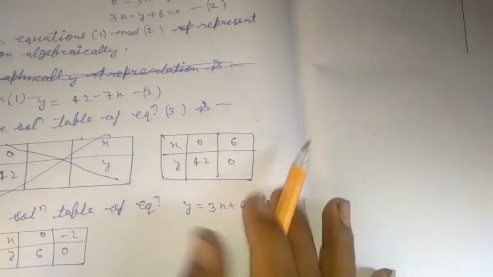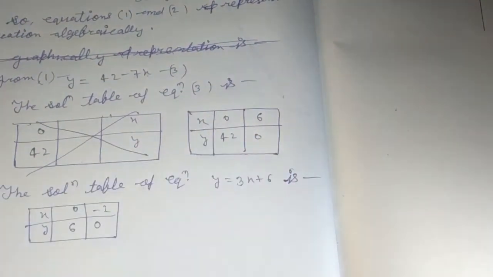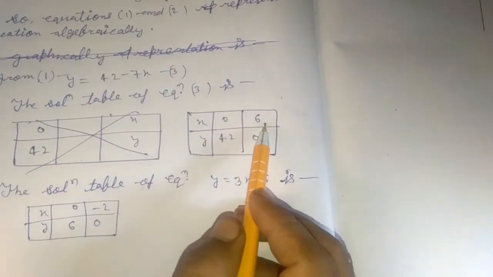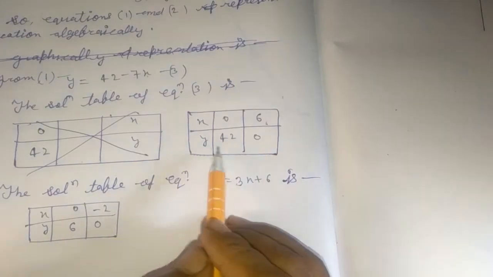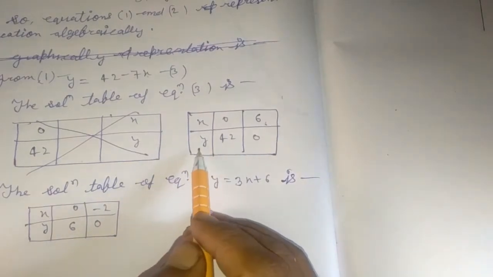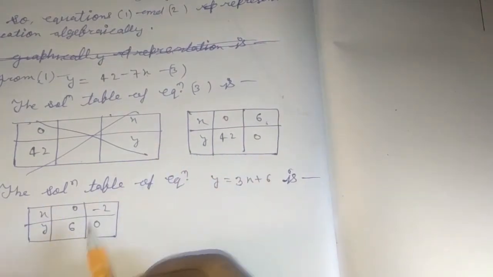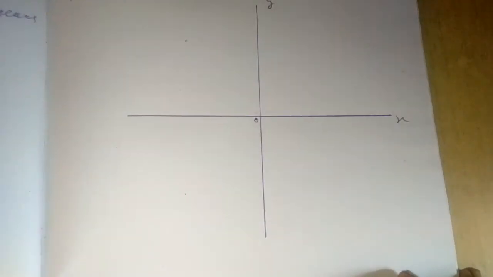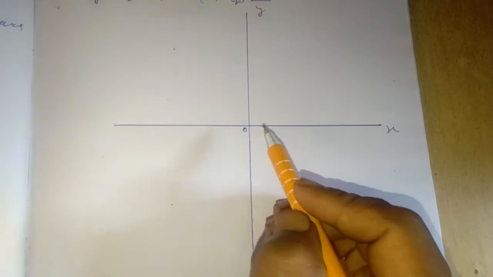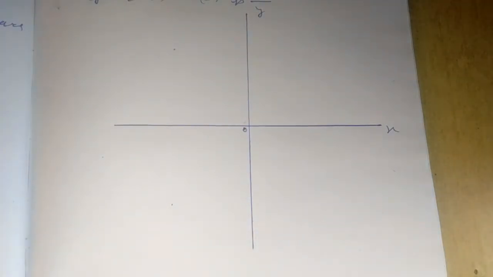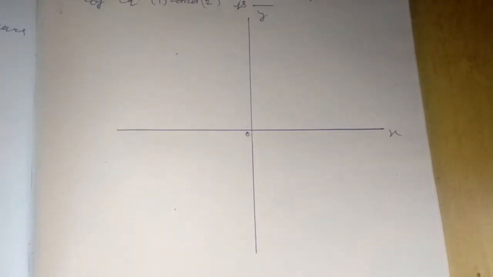The maximum value of x is 6 and the minimum value of x is minus 2. The maximum value of y is 42 and the minimum value of y is 0. So along the x-axis we will take 1 centimeter equal to 1 unit.